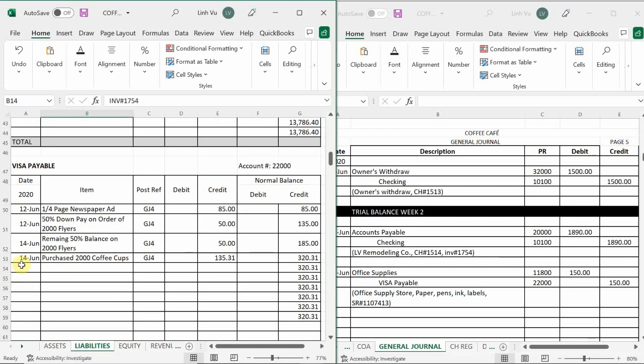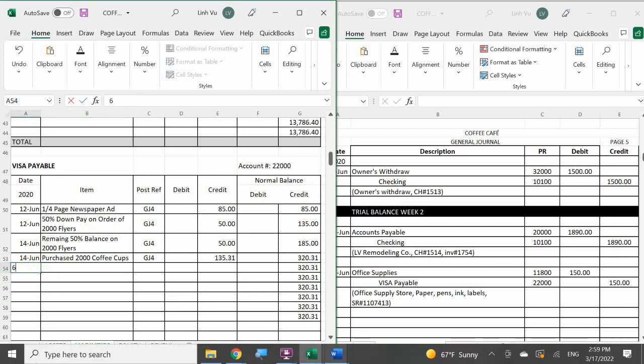We need to update our credit card. So what am I going to put on my credit card? Well, okay, you could say that we bought office supplies. Yeah, we just purchased office supplies. That's straightforward, right? Because at the end of the day, you're going to see office supply store on your credit card statement. So that's already given.